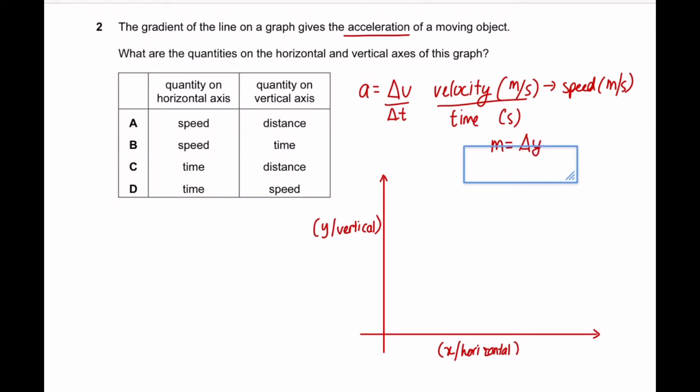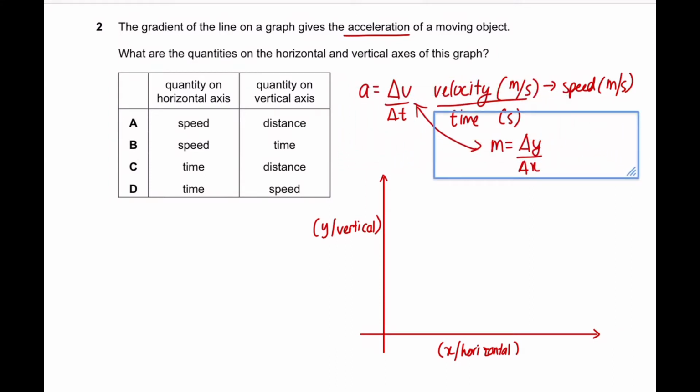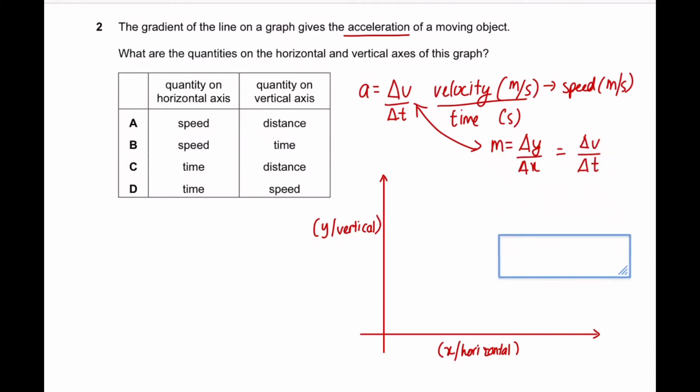The gradient formula is change of y divided by change of x. So if we correlate to this formula, we can see that in this case, the y-axis is the velocity or the speed, and the x-axis is the change of time.